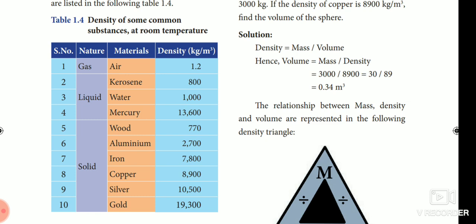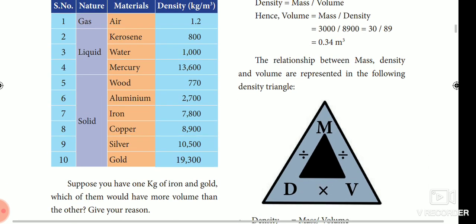Kerosene 800. Then liquids: water 1000, mercury 13,600. Then wood 770.